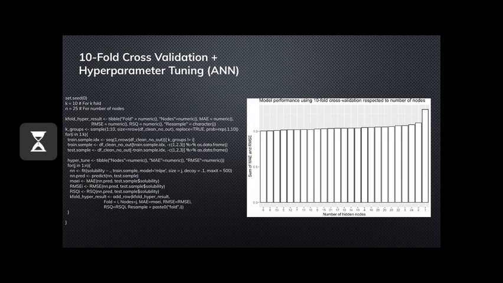When the number of nodes is 6, the model showed the best performance, followed by 8 nodes and 13 nodes. Therefore, we may want to use 6 nodes as our best ANN model for the solubility prediction.